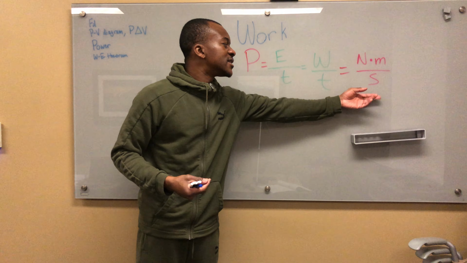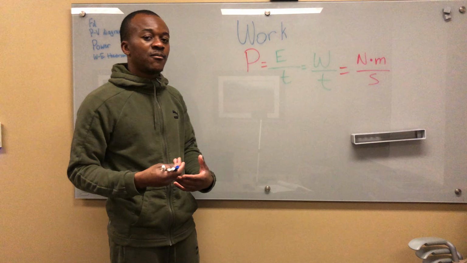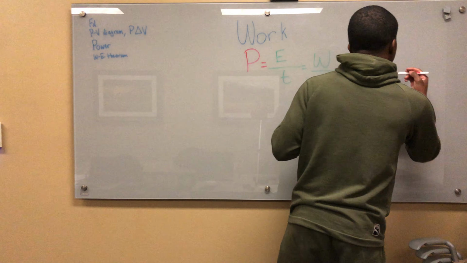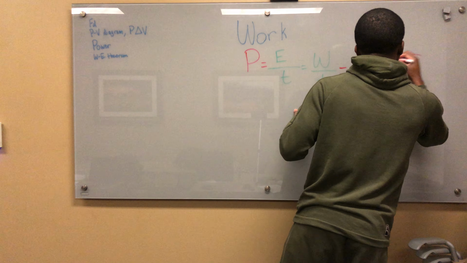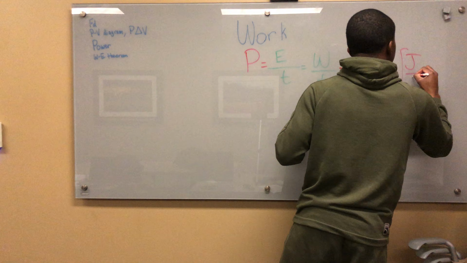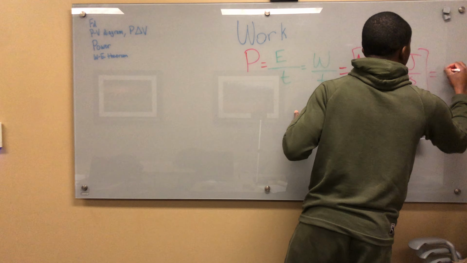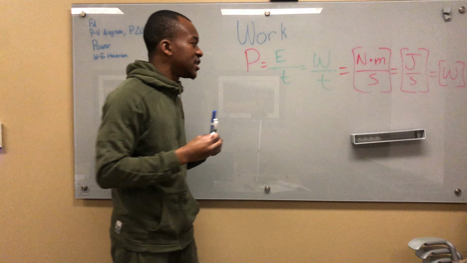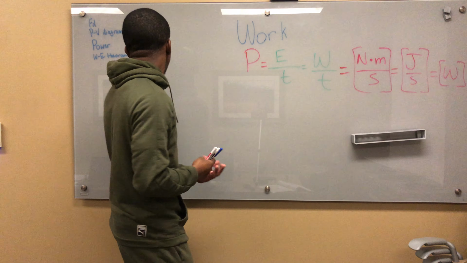And then if you divide that by time, it's a second. So we denote a joule per second as a watt. And that's denoted by W. So that's the unit of power, W.